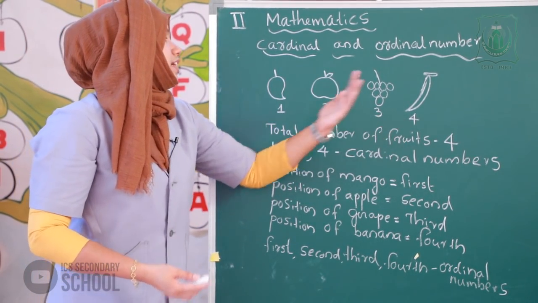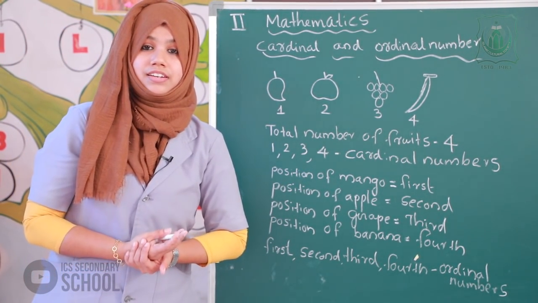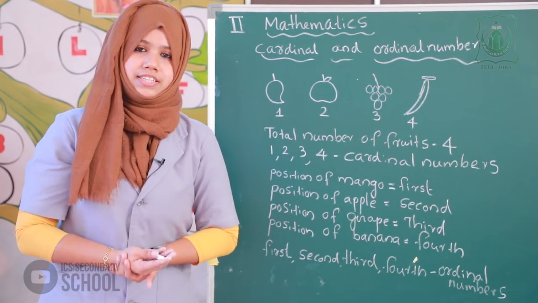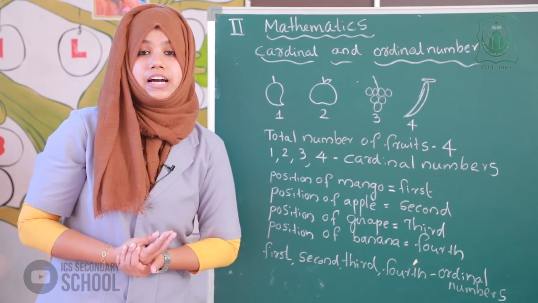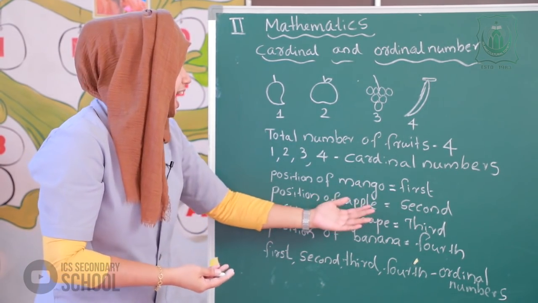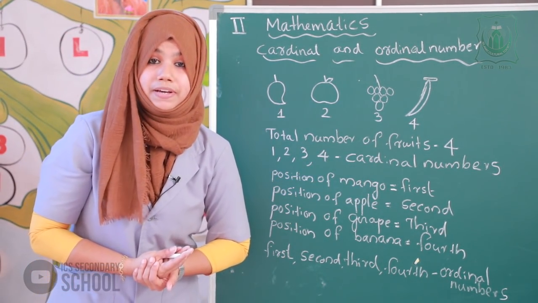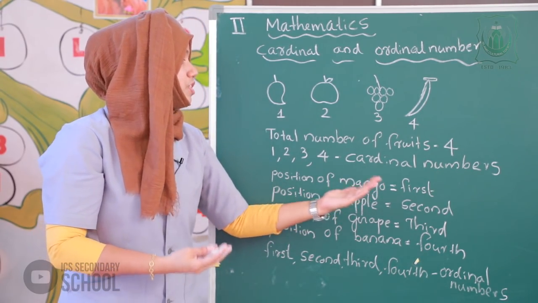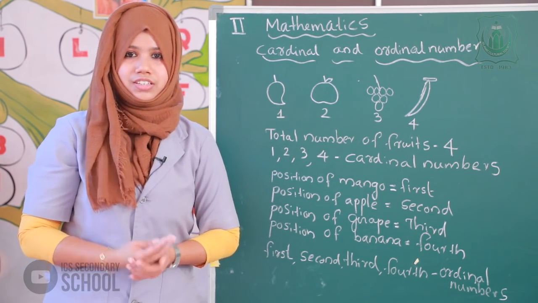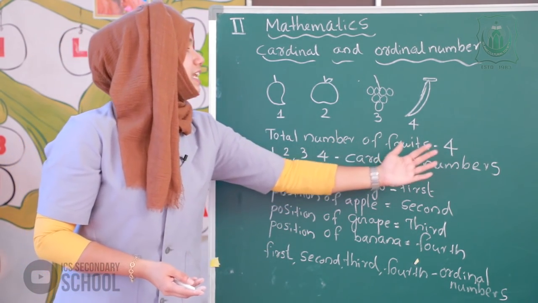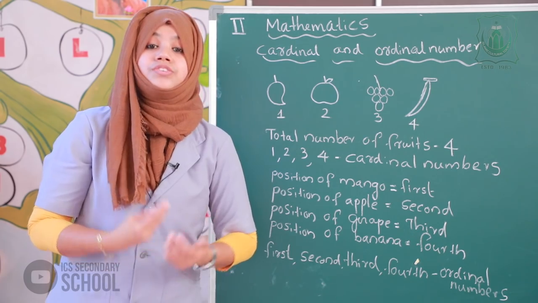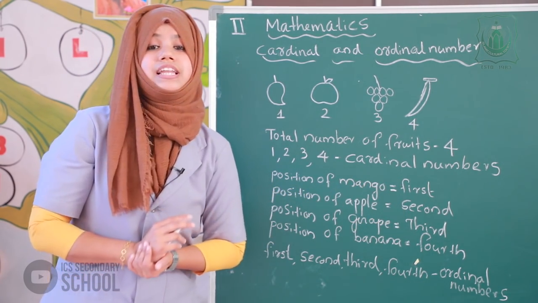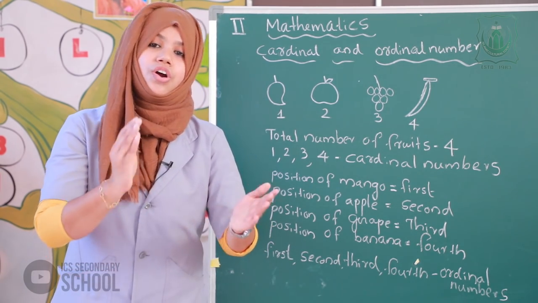So, the cardinal numbers are used for counting. It means it shows the quantity. Cardinal numbers show the quantity, and the ordinal numbers show the position or order. Do you get it? The cardinal numbers are used for counting, and it is a quantity, and the ordinal numbers are position or order.